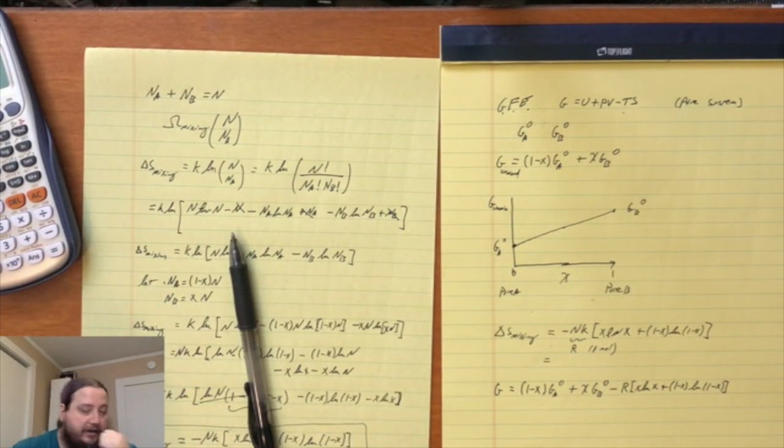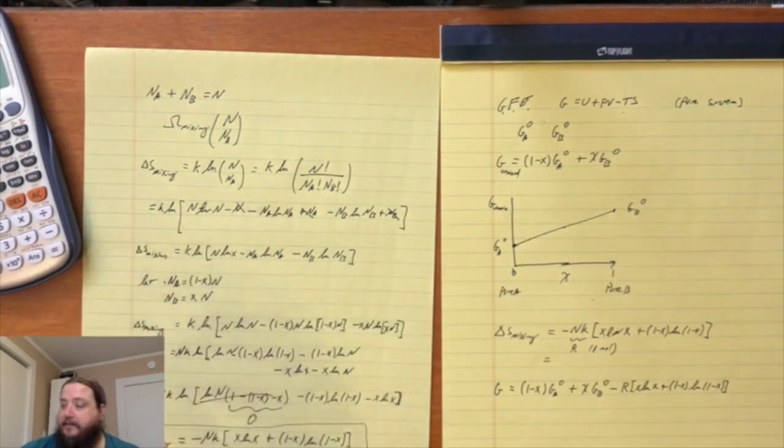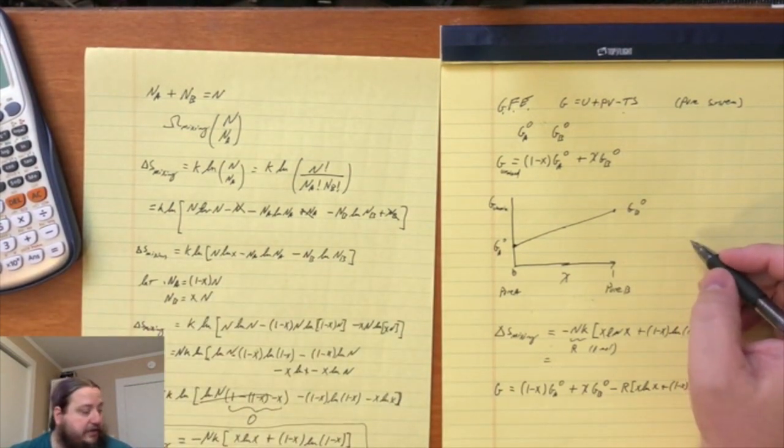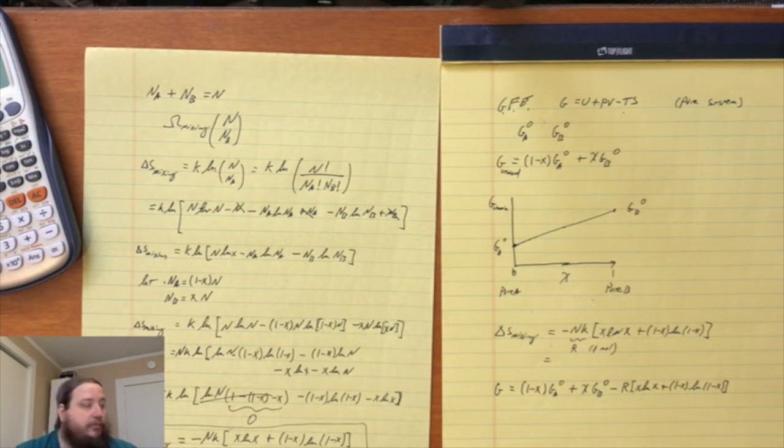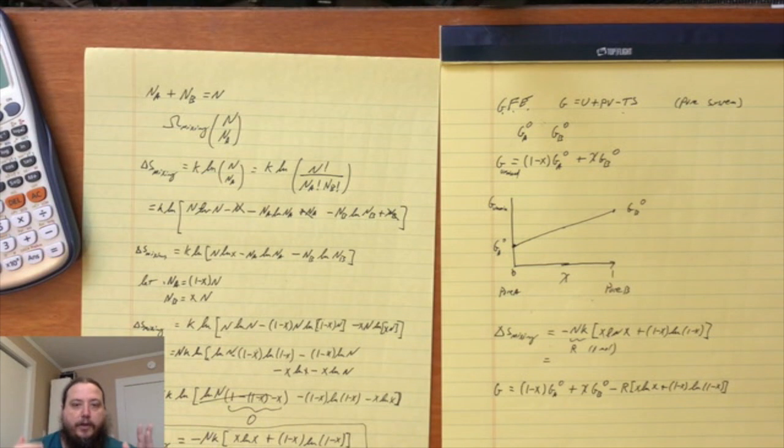A second corollary is that, since that function of the entropy, the mixing term, is so sharp at the extremes, even in cases where we're not in an ideal mixing condition, the entropy term at the edges will be so sharp that there will always basically be a small amount of impurity in any system.